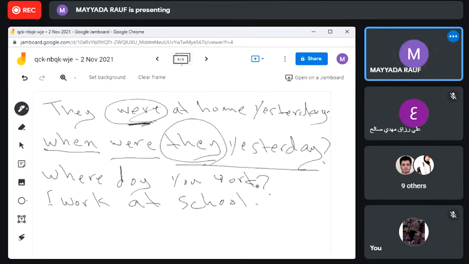To extract a question from this sentence, I have to use an auxiliary verb that is suitable to the subject, which is I. Okay, then in this case, I have to change the subject from I to you, because here the role of the speaker will change.